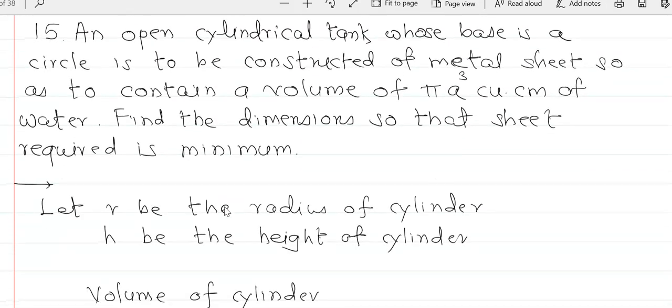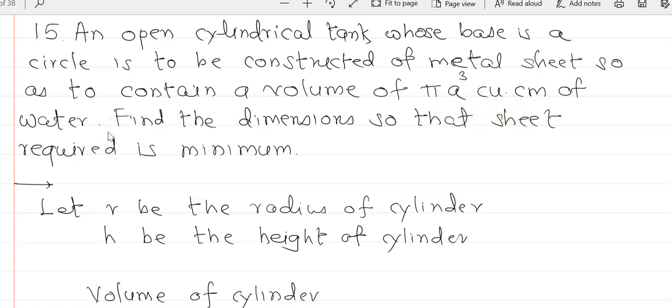Now the problem number 15. An open cylindrical tank whose base is a circle is to be constructed of metal sheet so as to contain a volume of πa³ cubic centimeters of water.